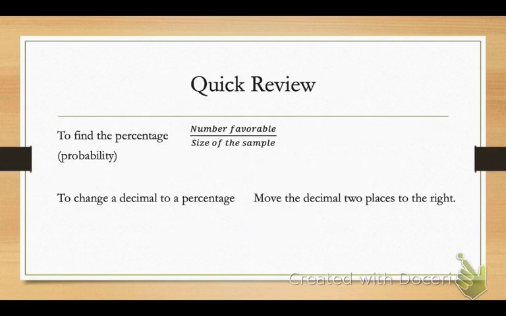Now, let's just do a quick review again of some of the math concepts. To find a percentage, or the probability, you're going to take what you're looking for, or your favorable, over the size of your sample. So say that I want to know how many people have blue eyes in a school. I'm going to pick a random class, and I'm going to say blue-eyed people over the class.